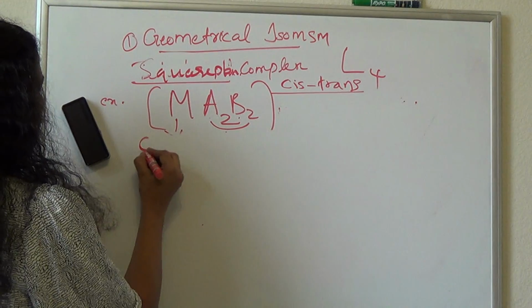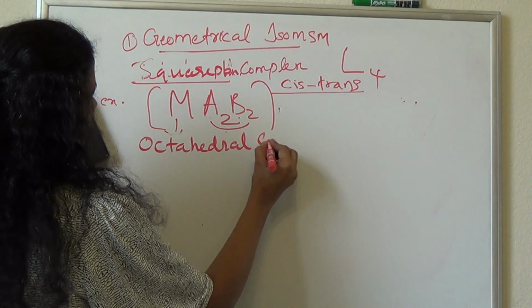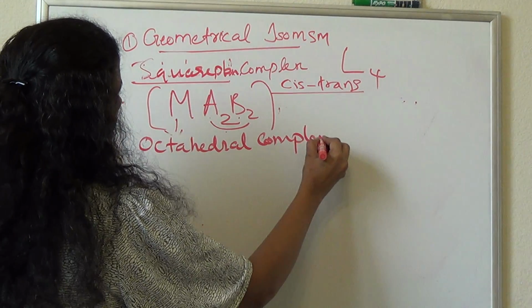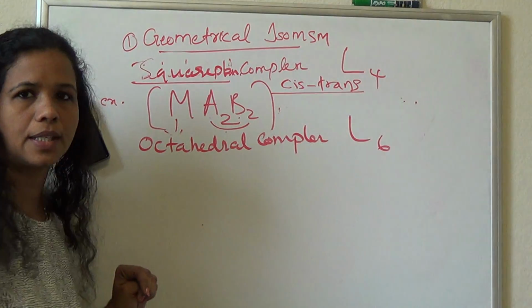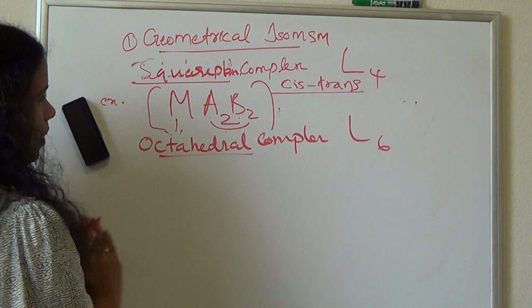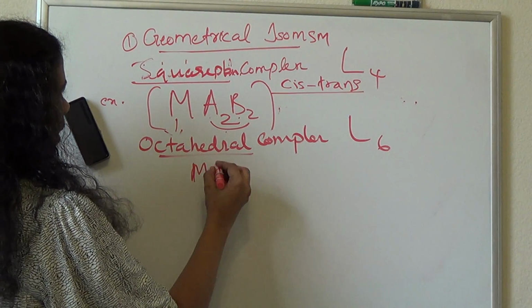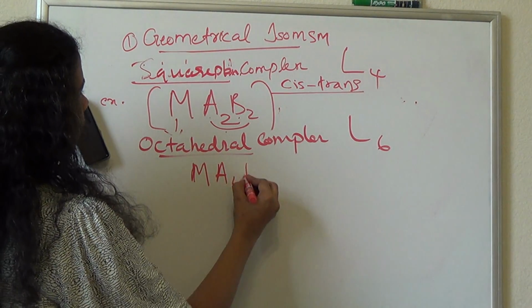Next is octahedral complexes. Octahedral complexes means the ligand number must be 6, of the formula Ma4B2.